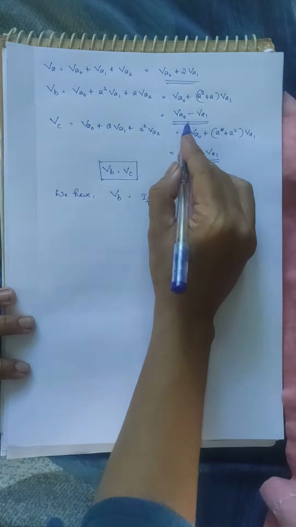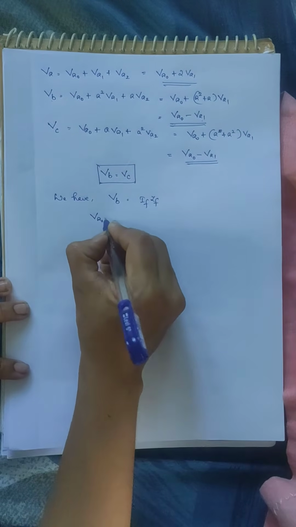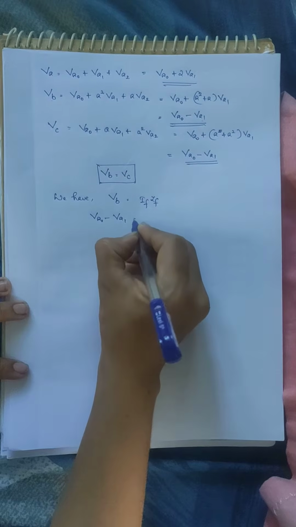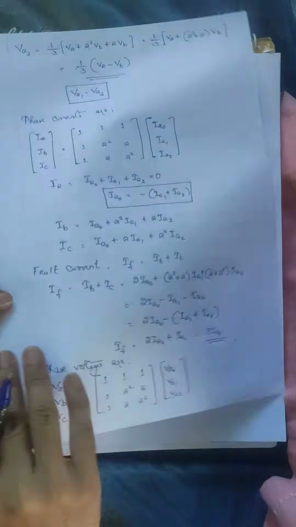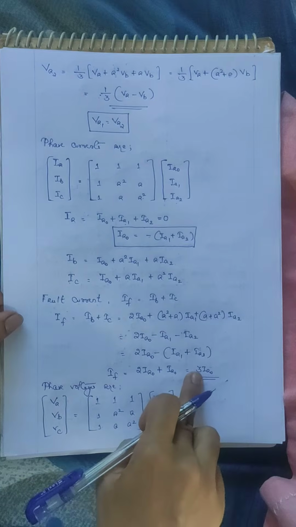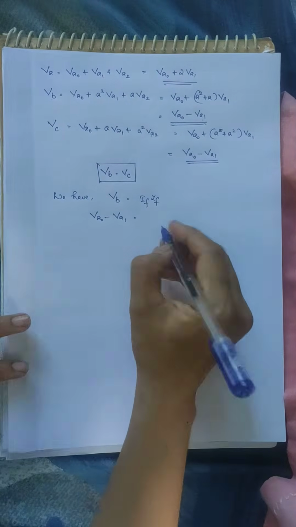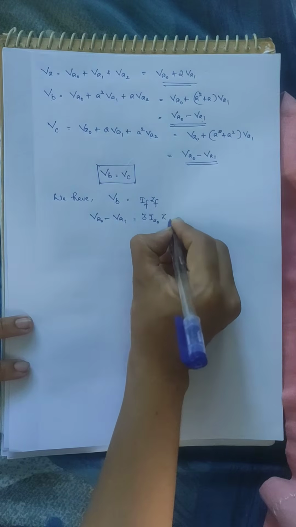VB is VA0 minus VA1. So, VA0 minus VA1 is equal to IF into ZF, and we got an expression for IF also, that is the fault current IF is equal to 3 times IA0. So, instead of IF, write 3 times IA0 into ZF.